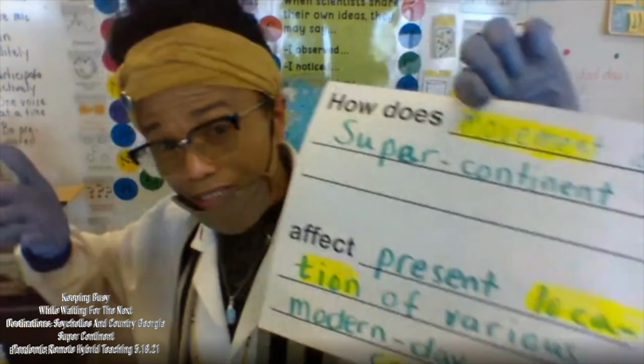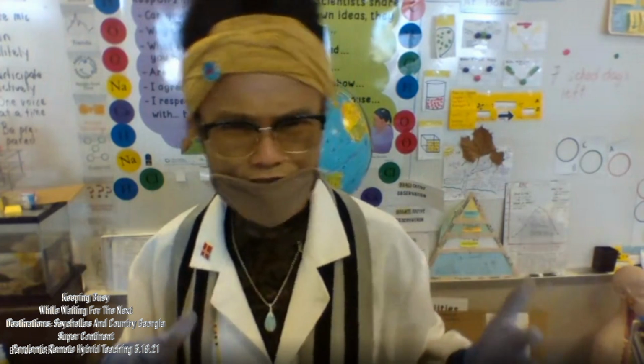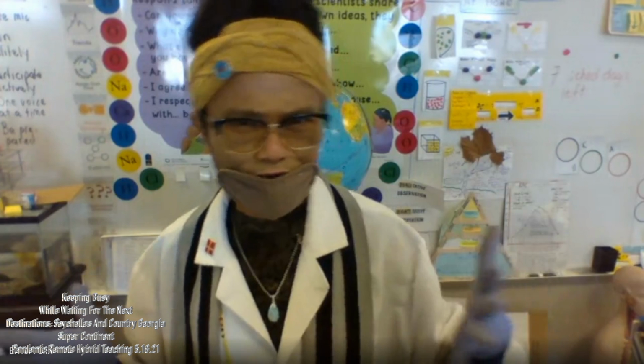Because of the movement, these parts of the supercontinent become farther and farther apart. And again, since Earth is dynamic, meaning always changing, they are still moving apart. You say, oh, teacher, would that mean that the travel time will be longer and longer? Possibly. It could be.